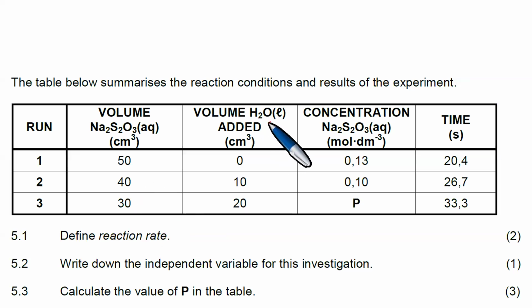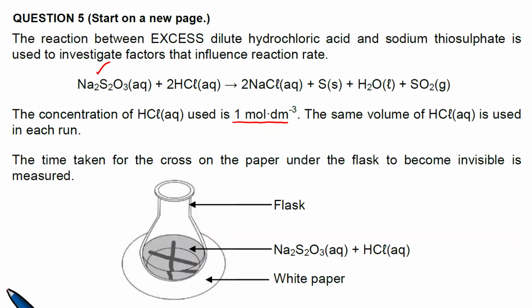But look, the volume of water in liquid state added, in cubic centimeters, is 0, then 10, then 20. So the volume of the water is showing an increase. I want us to discuss these at length as follows.